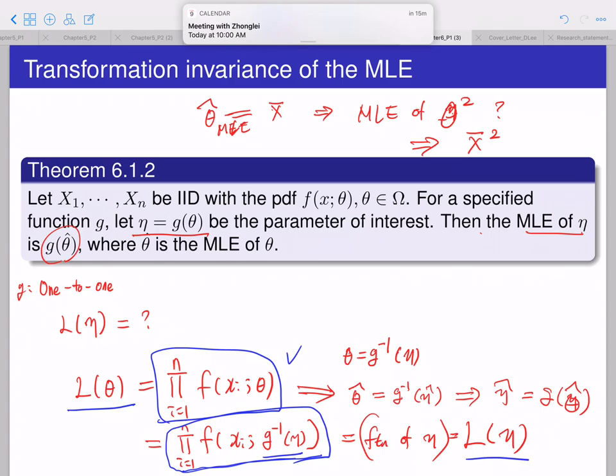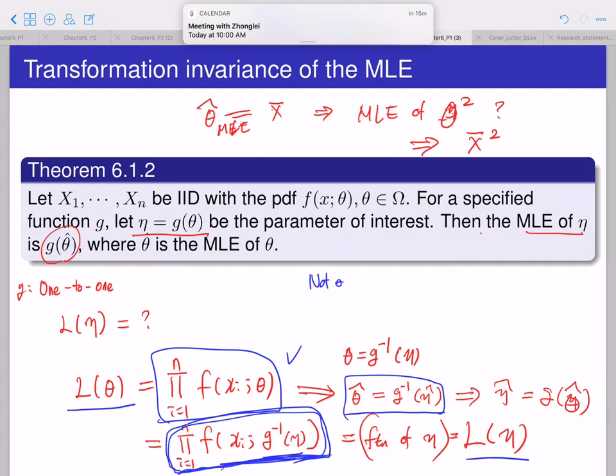So you only have to maximize this one, which is the likelihood function, and you can obtain the result using this relationship.